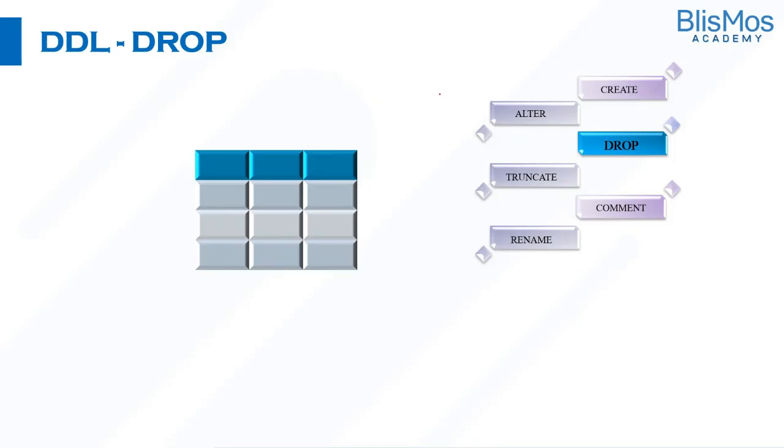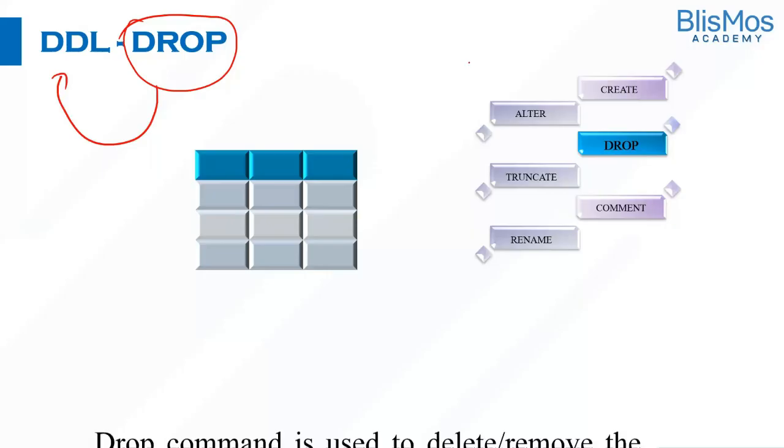You may face a situation where you may have to delete the database or table. That is when we can use the drop. Drop. Are you talking about a drop of water? Nah. We are talking about a drop, which is a part of DDL statements. So what does drop do?